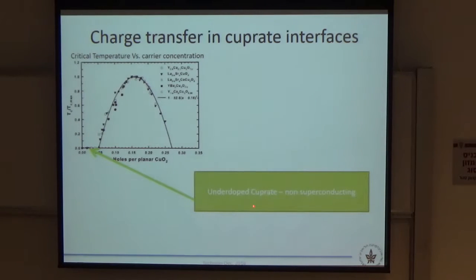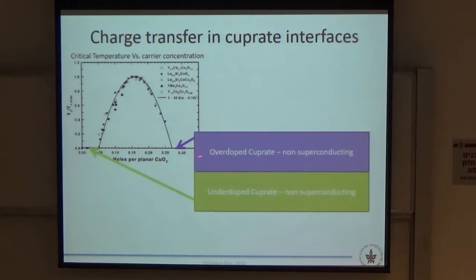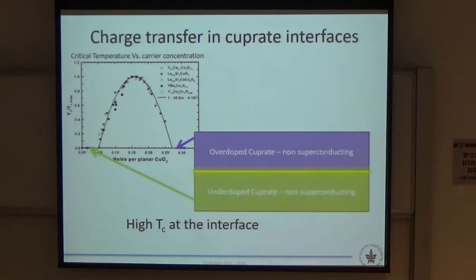But if you take an underdoped cuprate and an overdoped cuprate, both of them are not superconducting. This one is a metal, this one is almost an insulator, and eventually you have superconductivity with a high critical temperature at the interface between them.